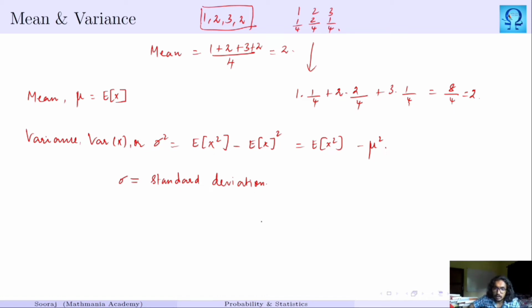Suppose x is the actual lifetime of something that we are discussing. This mu is the average. We say that it is going to be something like this. Standard deviation means it can vary to this extent.